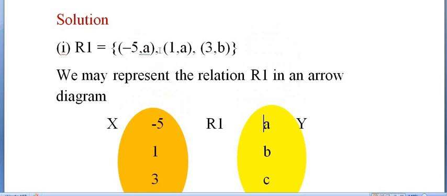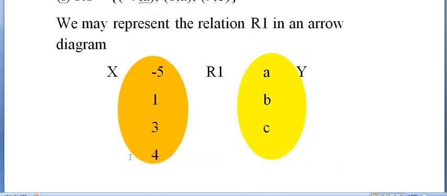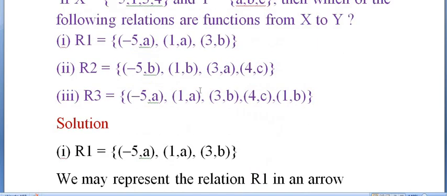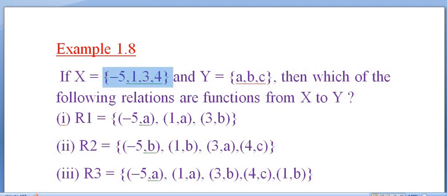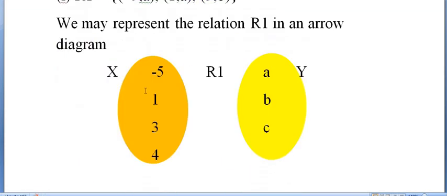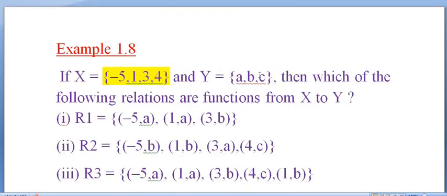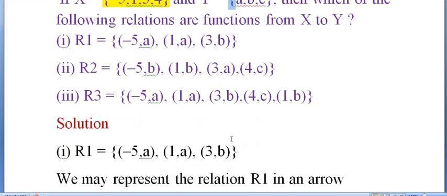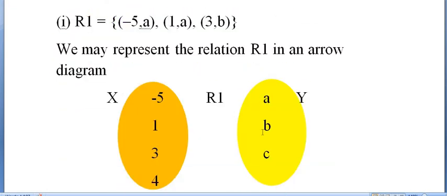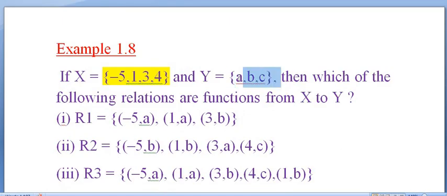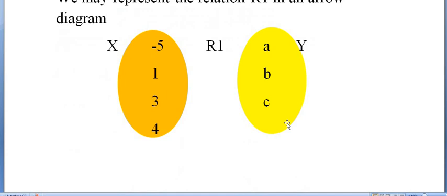Now we are going to join. These are the elements in set X: minus 5, 1, 3, 4. So we have written here minus 5, 1, 3, 4. In set Y we have the elements A, B, C, and we have written here A, B, C. We also have to check whether all the elements are written correctly. So we have written them clearly.